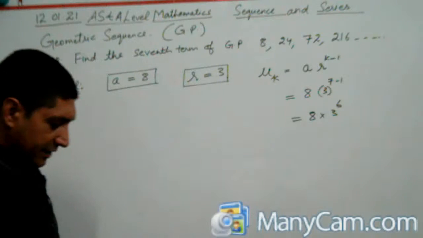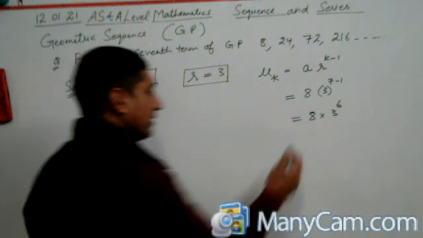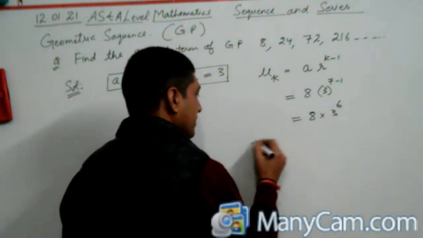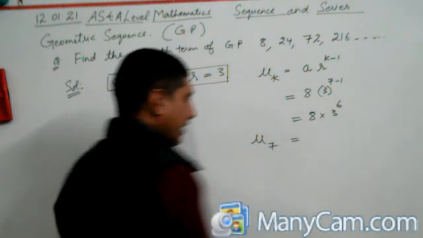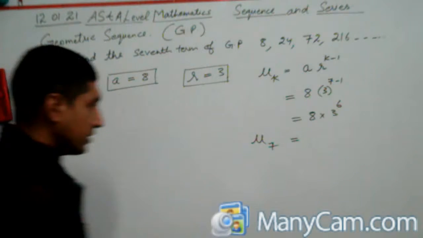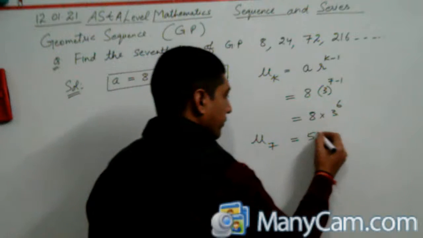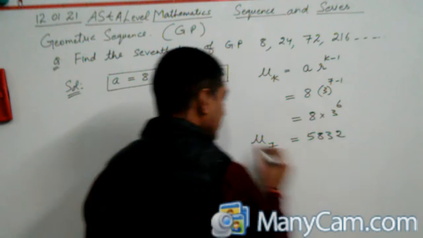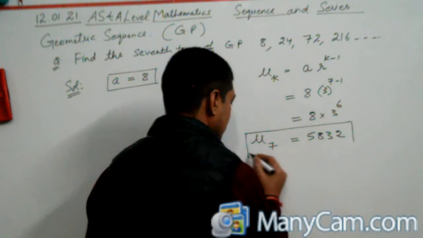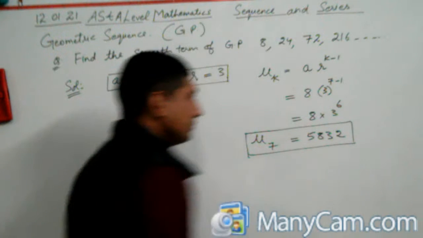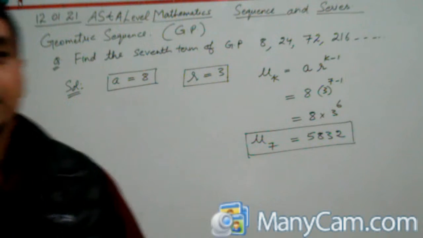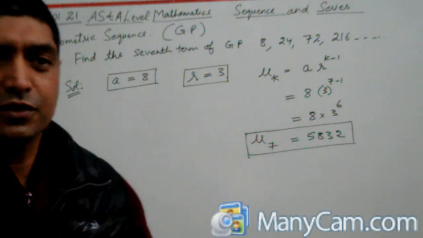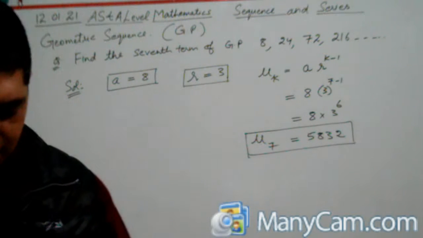After multiplying we get the seventh term, that is 5832. 5832 is the seventh term of this sequence. So in this way we can find the nth term of a geometric progression, right?